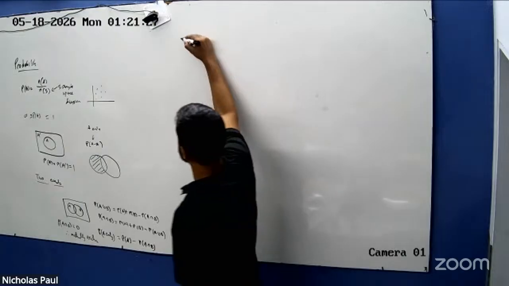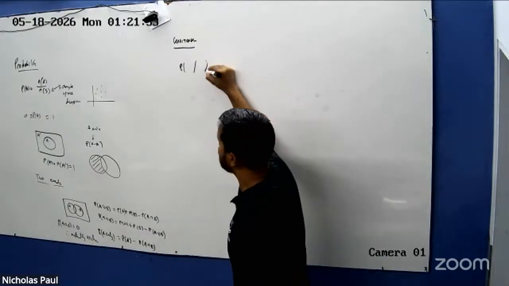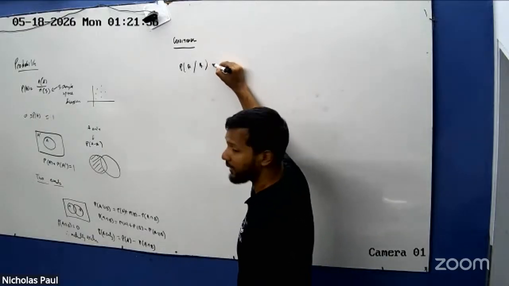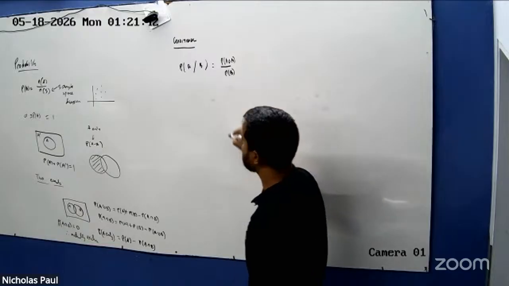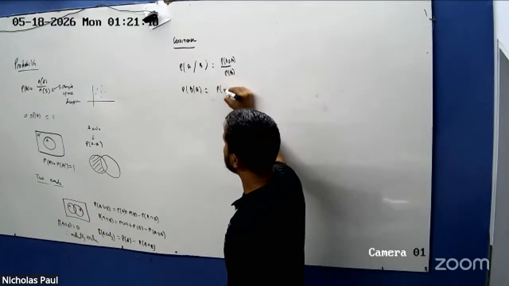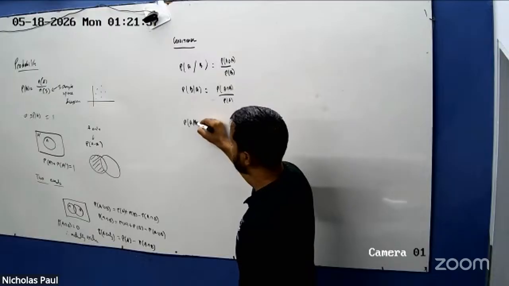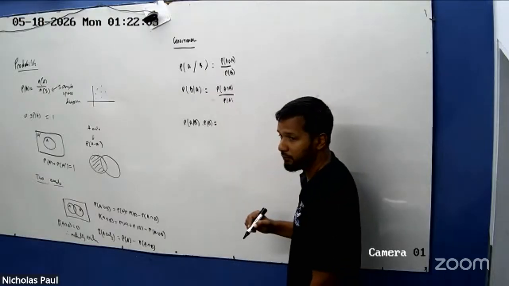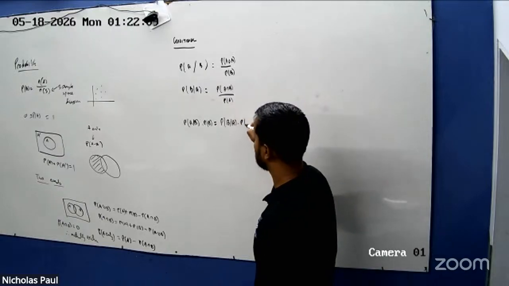And then we have the conditional events. For example, if I ask what's the probability of A given that B has happened, meaning B happened already, it is the probability of A and B all over the probability of B. And the other way around, the probability of B given A is the probability of A and B, all over the probability of A. So there's a relationship that we sometimes use: this times this is equal to this times this.